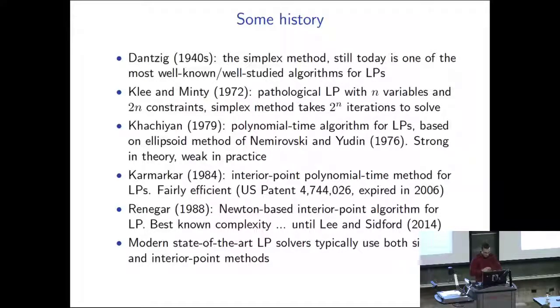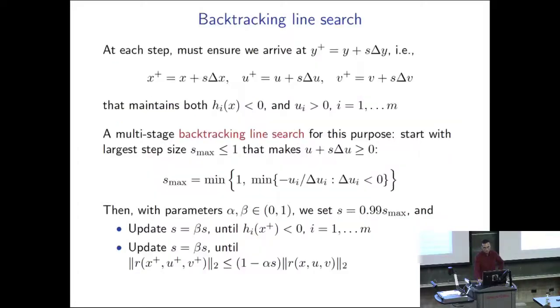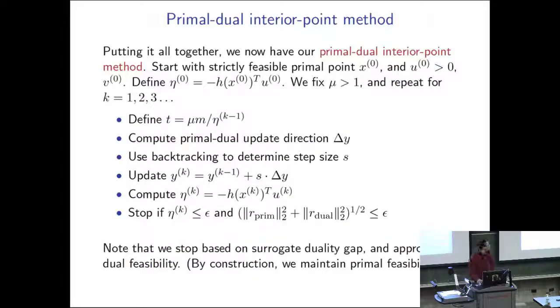The history I already went through last time, so I guess we don't need to go through that anymore. I'll just repeat that this is a high point of achievement for optimization in the 70s and the 80s. And maybe I'll comment a bit more briefly on the fact that there are many variants of the primal dual interior point method. This is just one version.